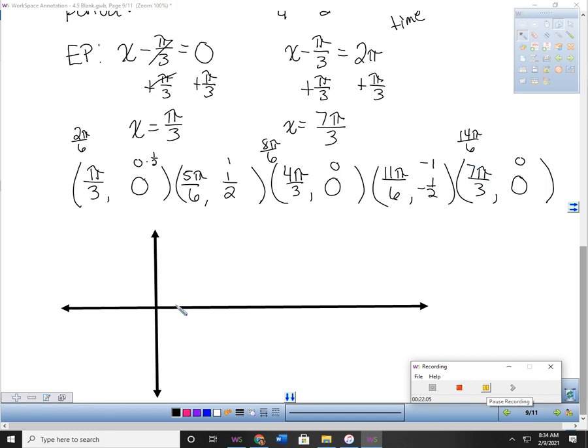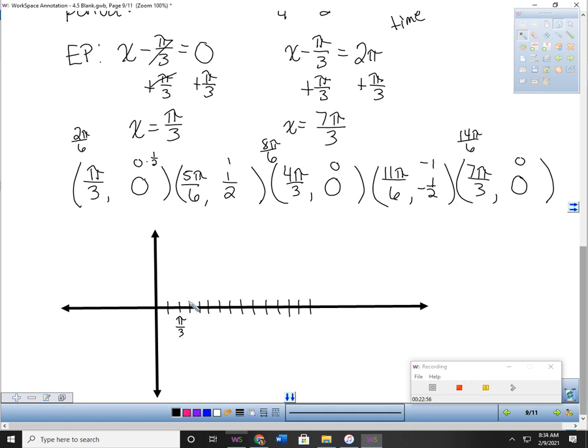That way when I count, I'm going to start at 1 pi over 6, right? And then it's 2 pi over 6 all the way up to 14. So I should have 14 tick marks on here, and this just helps me space out evenly. So I've got 1, 2, 3, 4, 5, 6, 7, 8, 9, 10, 11, 12, 13, 14. This is just a preference for me, okay? So this is 1 pi over 6, which means this is 2 pi over 6, which is my pi over 3, right?